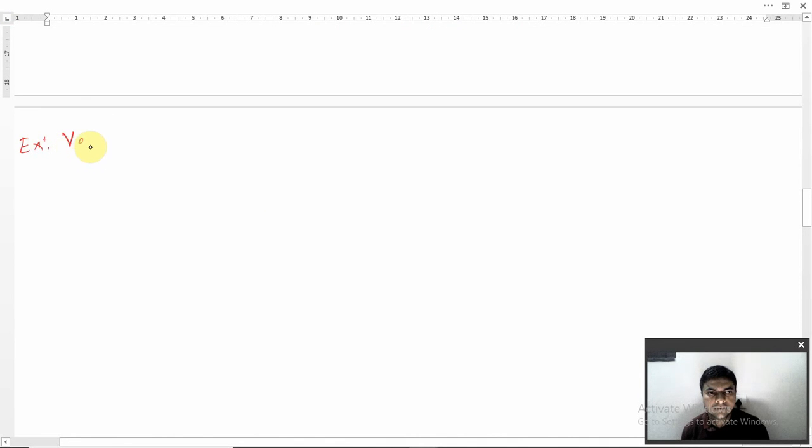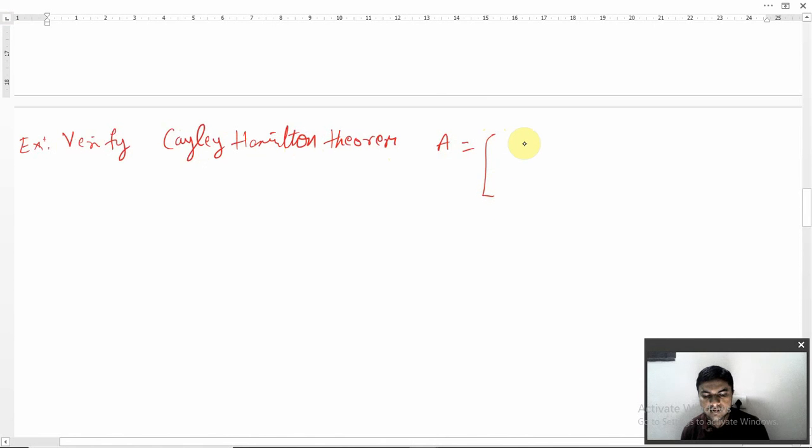Verify Cayley-Hamilton theorem for A is equal to, they have given the matrix as 2 minus 1 2. Yeah, this is minus 1 2 minus 1 1 minus 1, and this is 2.